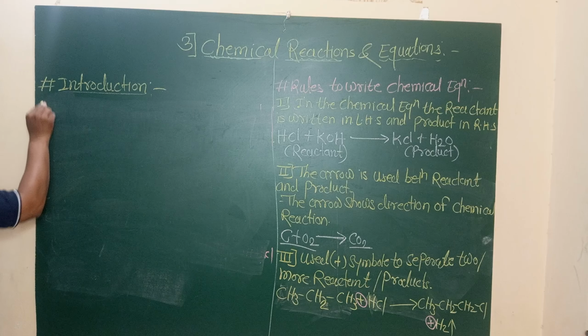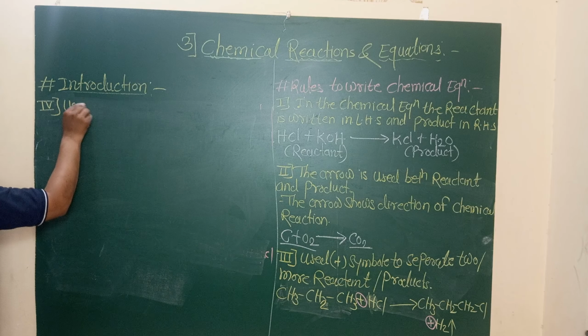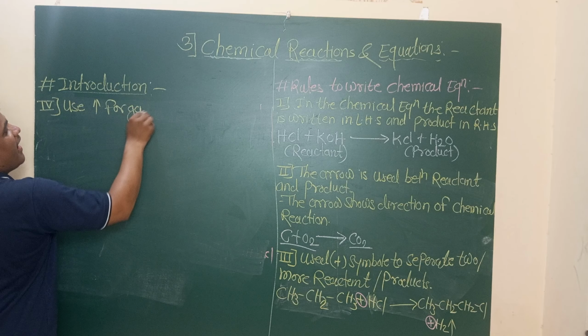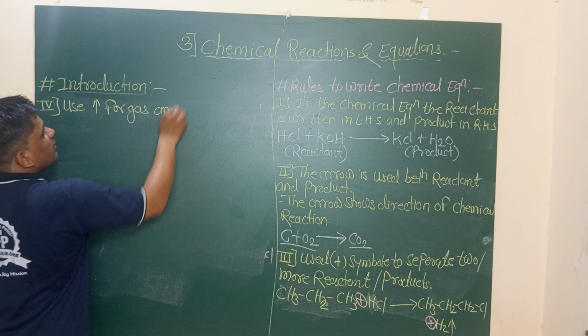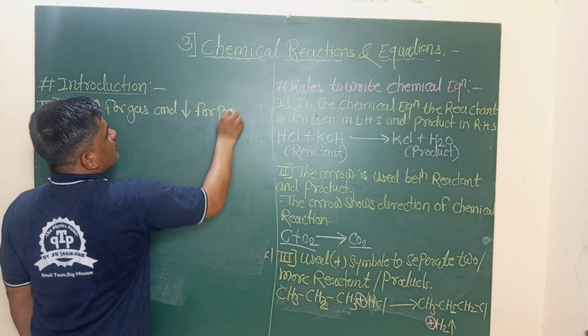Rule number 4 is to use an upward arrow for gas and a downward arrow for precipitate.